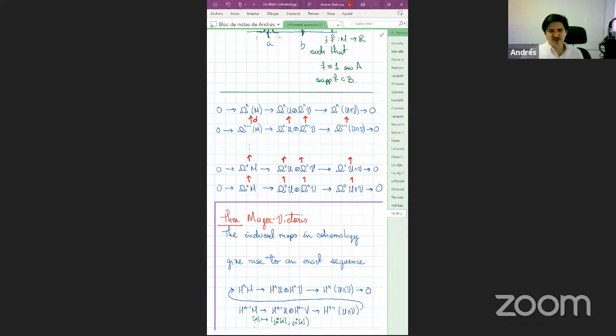Having that, you will have the long exact sequence. So we will prove this in detail. Let me just show you in arrows what this function is.